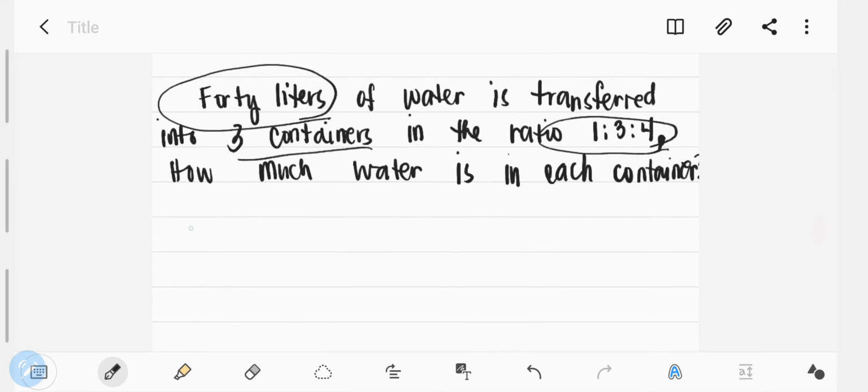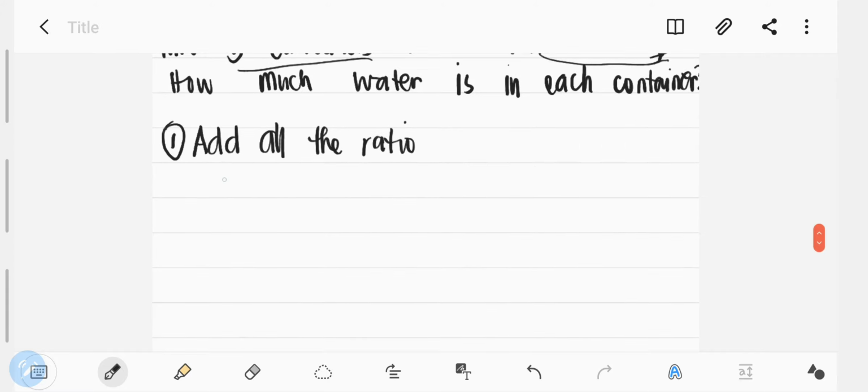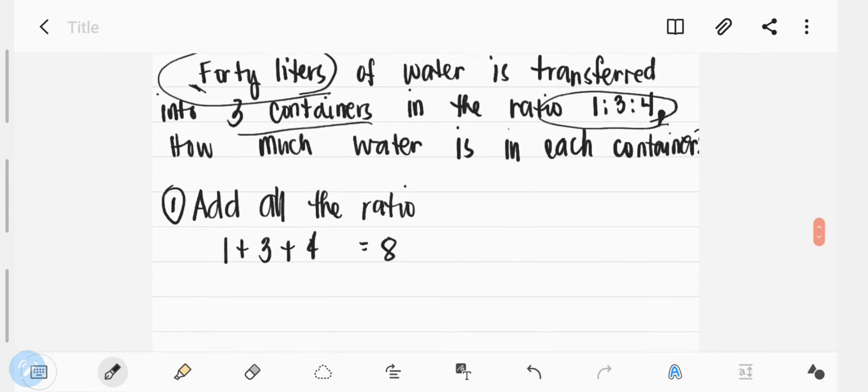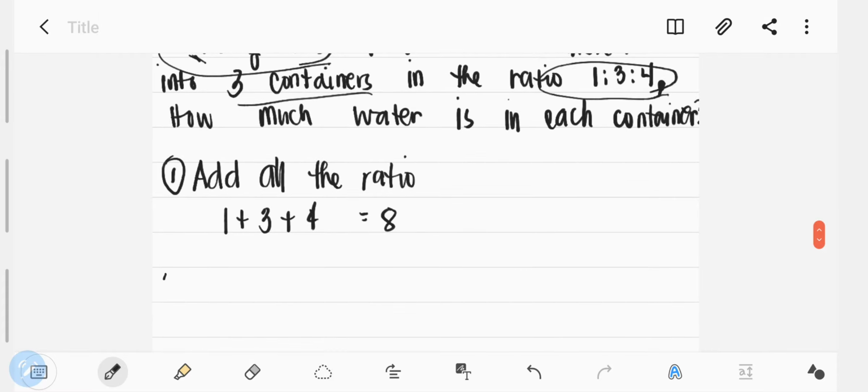So, what is given is a ratio and a total. To solve this, just add all the ratios. That is 1 plus 3 plus 4. That gives you 8. And then, step 2.